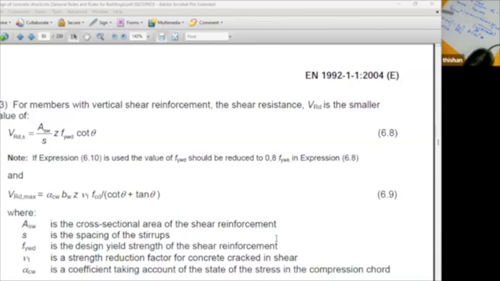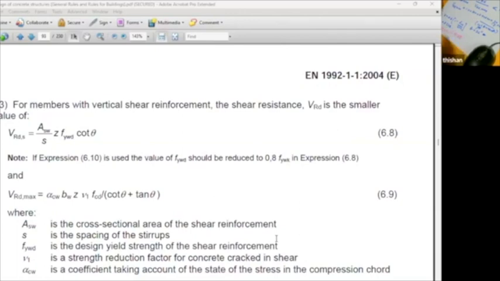What is the value you get? Into 10 to the power minus 3. 534.76. Yeah, VRD max is 534.76. So shall we say 535?